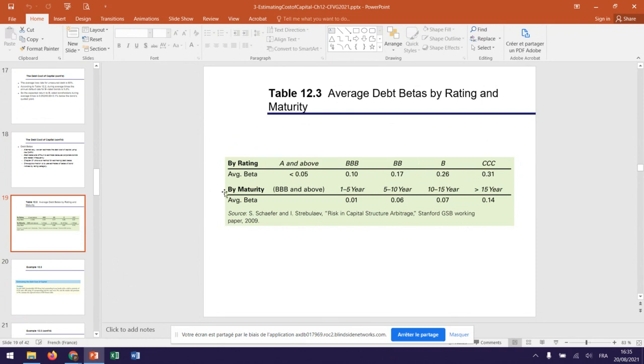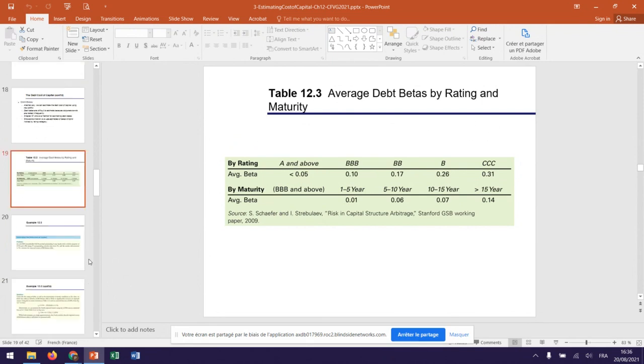You can also have it by maturity, for triple B and above. They don't have the maturity of junk bonds or high yield bonds. For 1 to 5 years, the beta is about 0.01, going to 0.17 for maturity bigger than 15 years. It is very difficult to get very precise data on that.